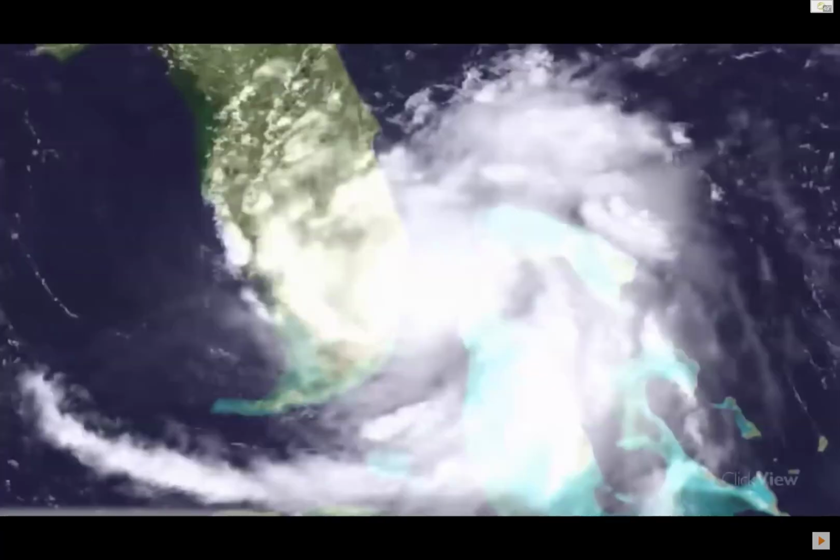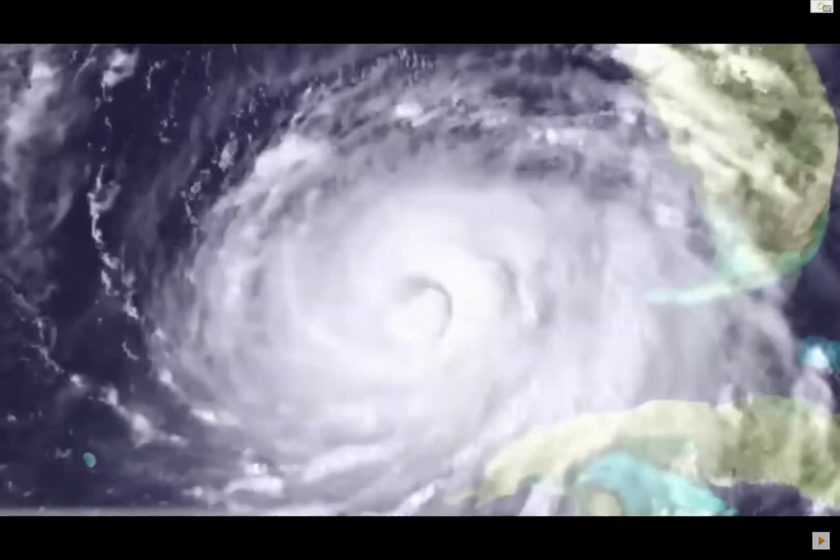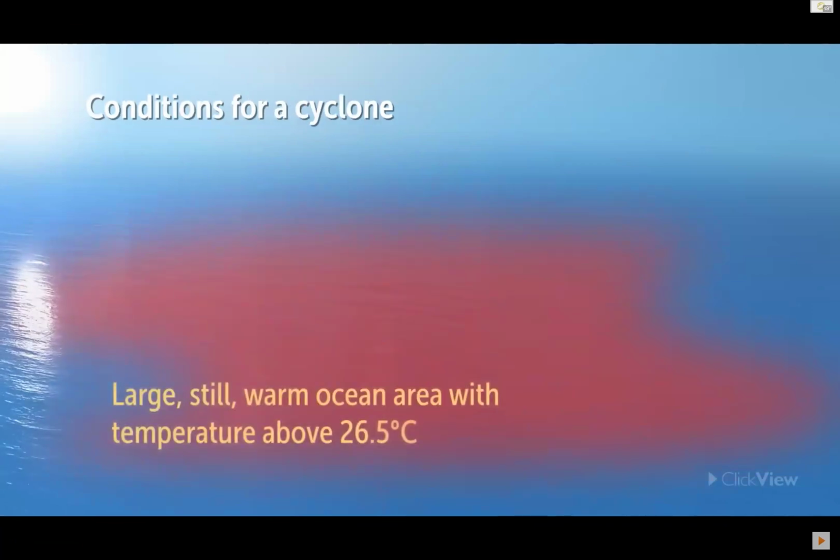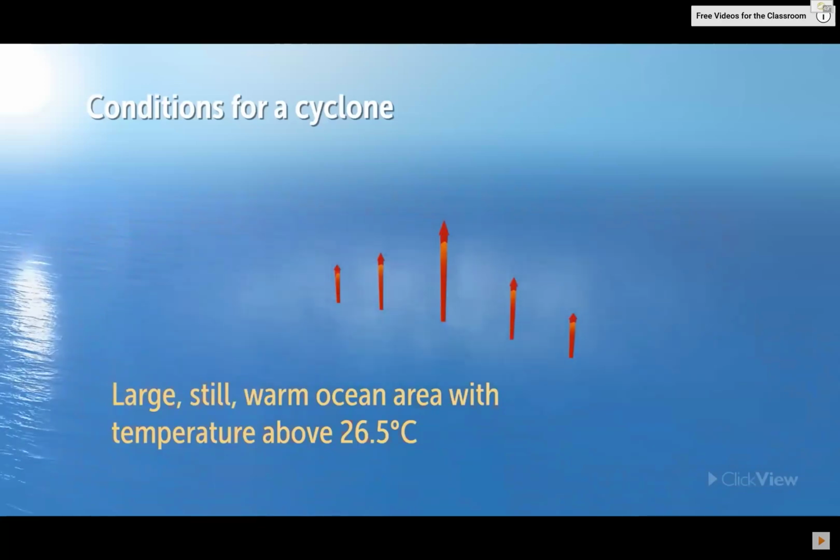It may reach land, weaken, then go back out to sea where it strengthens once more. The formation of a cyclone depends upon the following conditions coinciding. A large, still and warm ocean area with a surface temperature that exceeds 26.5 degrees Celsius over an extended period. This allows a body of warm air to develop above the ocean's surface.